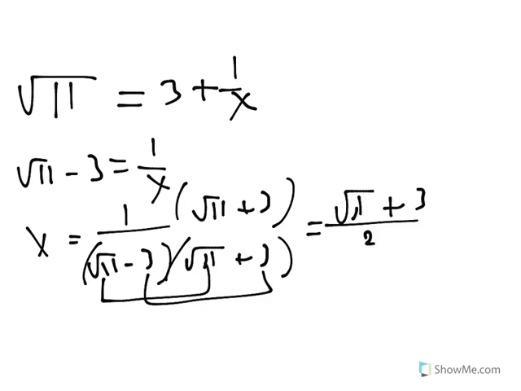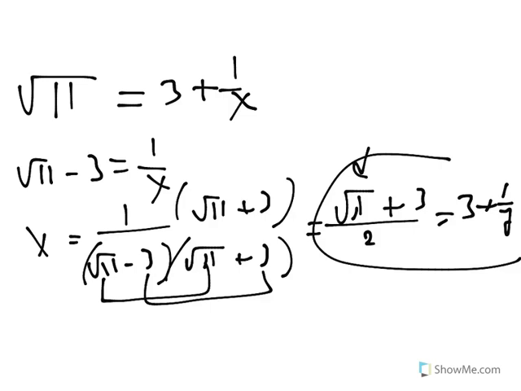Now, square root of 11, we need to know that's a little bigger than 3. And a little bigger than 3 plus 3 is a little bigger than 6. And a little bigger than 6 divided by 2 is going to be a little bigger than 3. So I'll call it 3 plus 1 over y. Now when we take this expression, this turns into 3 plus 1 over, instead of x, I'll write 3 plus 1 over y.